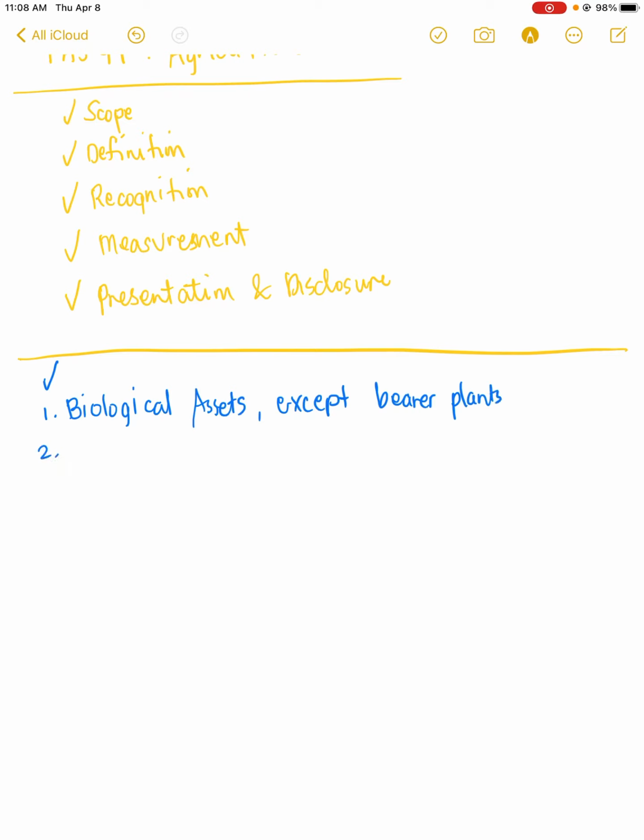Number 2, we have agricultural produce. And please take note, when we say agricultural produce, ang kasama lang po sa PAS number 41 are those agricultural produce at the point of harvest.